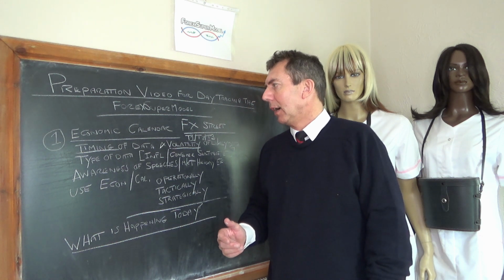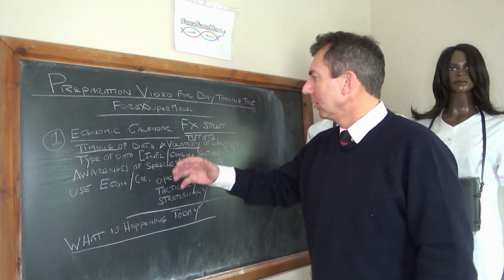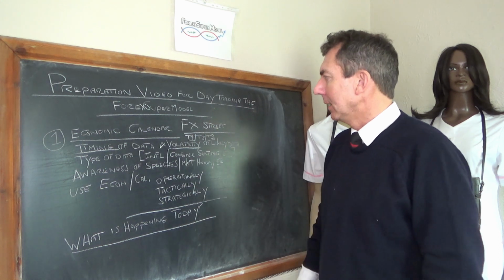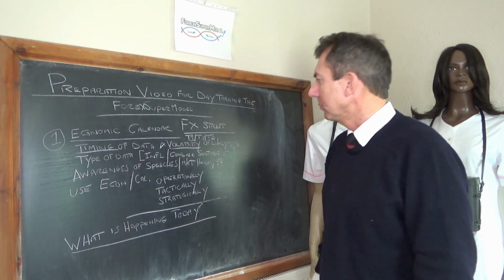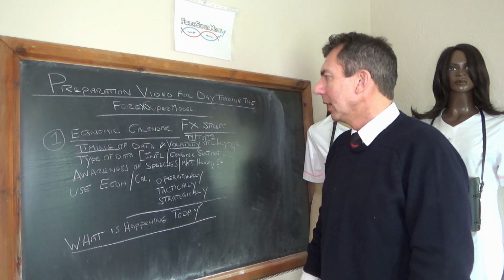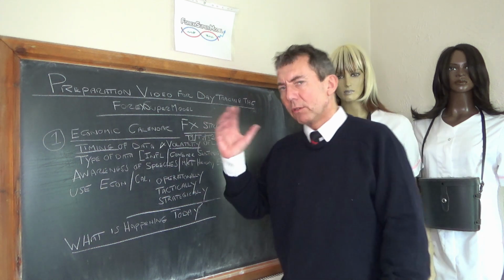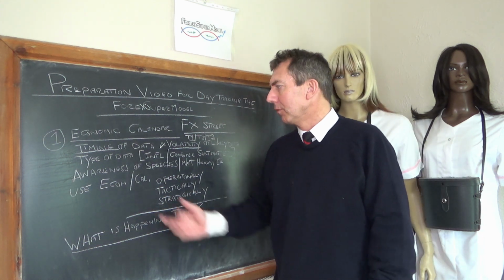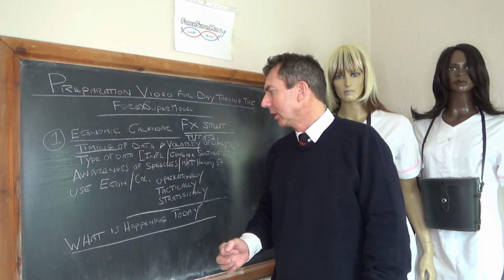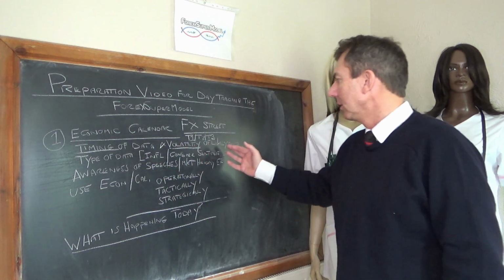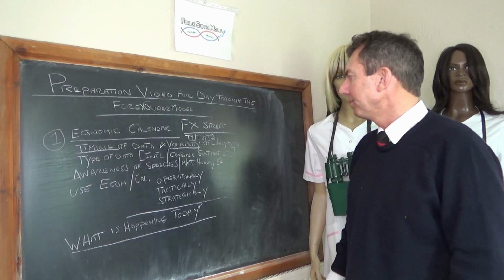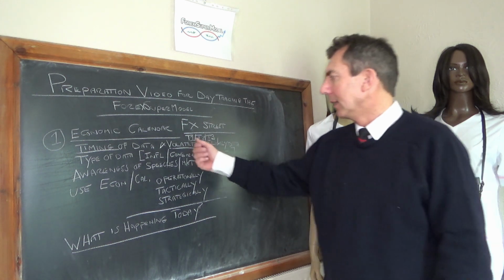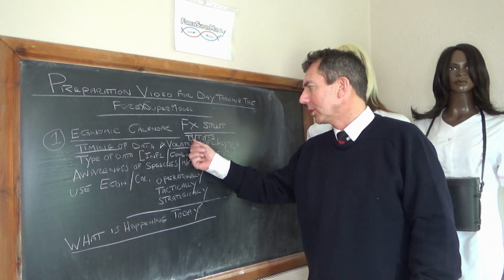And what we're looking for is an economic calendar, and in this case we use FX Street. On the day you're going to trade, you're looking for the timing of data, and the volatility of the likely data, and that's normally split into tiers.